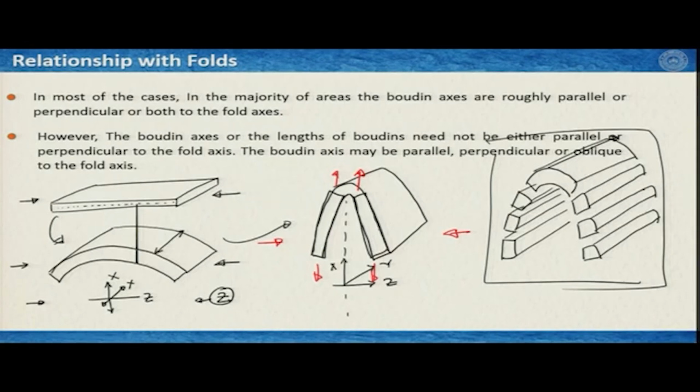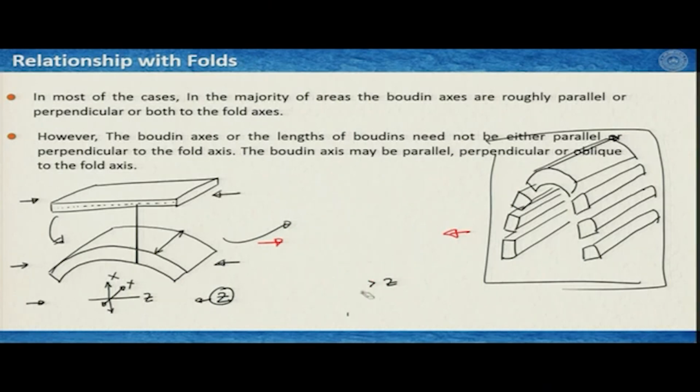However, if the compression is oblique to the layers, then you can actually form, let me wipe this one out because I do not have any more space, you can actually form Boudinage which can be oriented oblique to the fold axis.